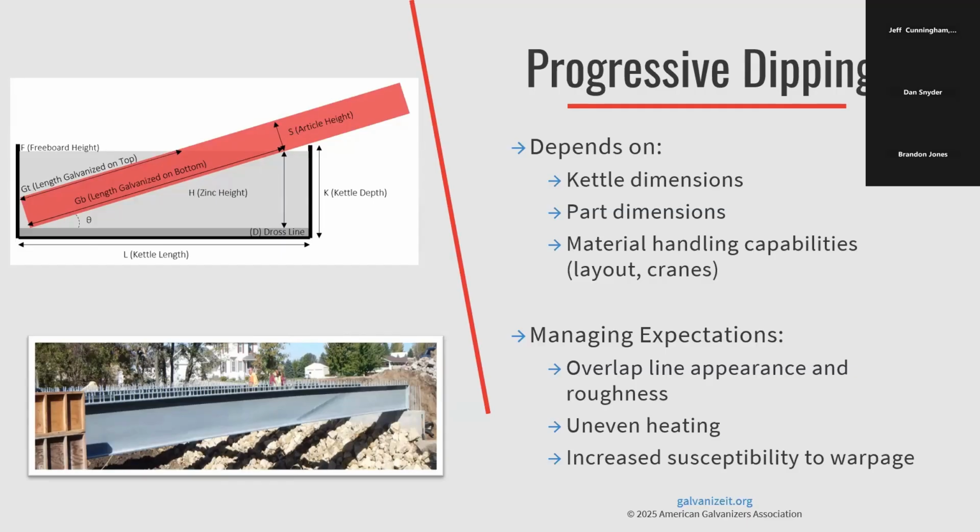So it does increase susceptibility to warpage. You're putting a lot of stress onto that steel. So if there's any inherent stresses within that steel already, they're going to be released by a hot and cold on the same thing. So once again, just have that additional discussion with your galvanizer, and we can help out too, or pop on our website for progressive dipping resources.